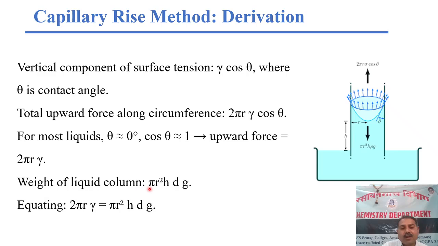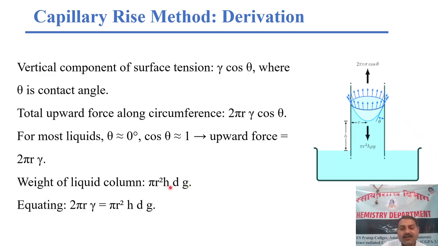The weight of the liquid column will be pi r square h d g. Now how can these factors be calculated? We know that the downward force equals mass into acceleration due to gravity, where g is the acceleration due to gravity.